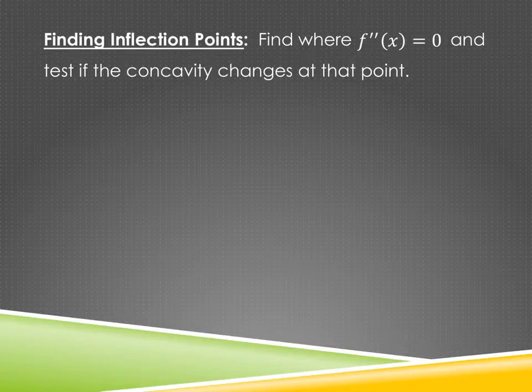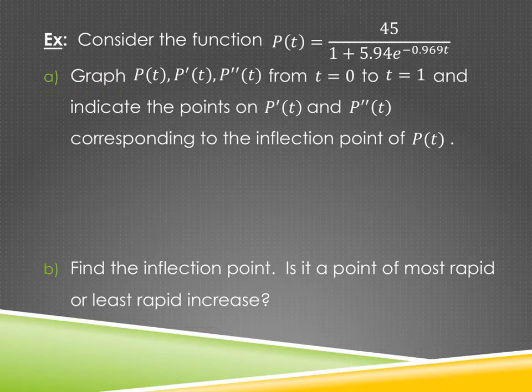Grab your calculator if you would. You've got an equation on this second sheet. What kind of an equation is this? It's logistic. Yeah, it's a logistic equation. Let's put this logistic equation into your calculator.